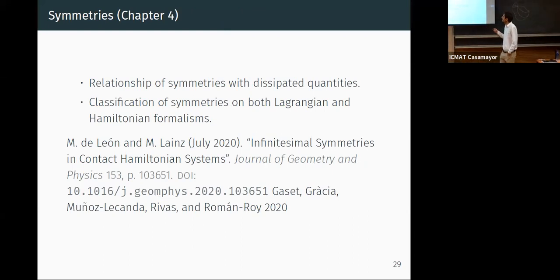After that, we studied the relationship of symmetries with dissipated quantities. At the beginning, we were trying to find conserved quantities, but we found out that it was not working well. It was not possible, and we should take the dissipated quantities. We have classified symmetries in both Lagrangian and Hamiltonian formalisms and have conservation, or rather, dissipation theorems for all of them.